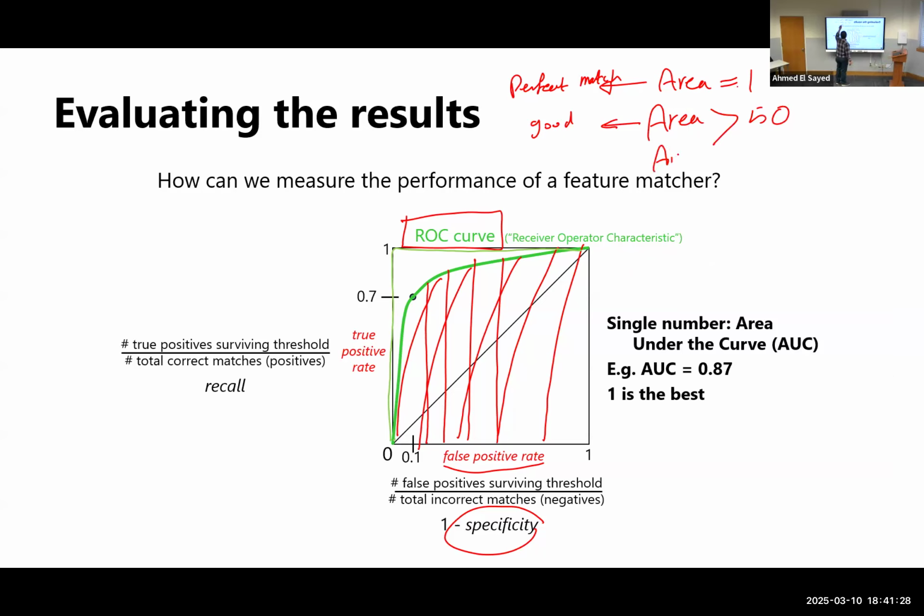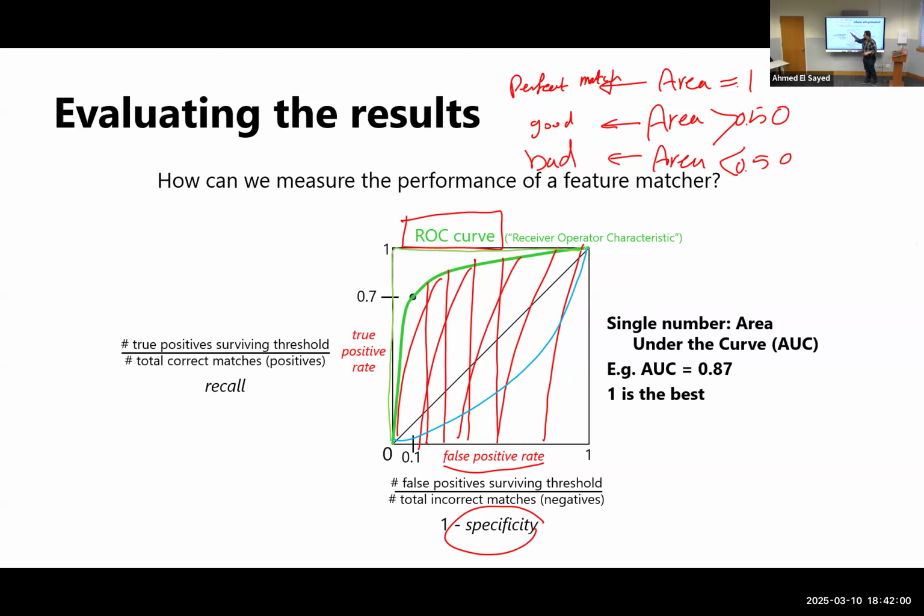If the area is less than 50%, of course I'm talking about 50% or 0.5, this is a bad matching technique. In this case, the curve will look like this, under this middle line. This means that this technique is horrible.